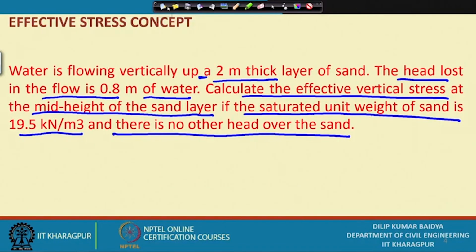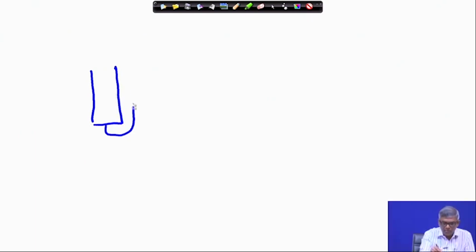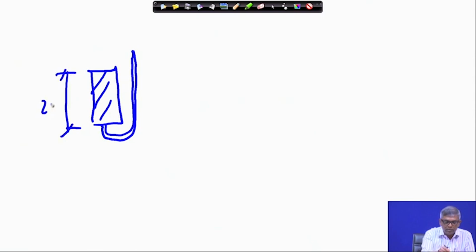So, let me do that. For that we can see, suppose this is the soil through which we have the flow, this is 2 meter, and the additional head here is 0.8.